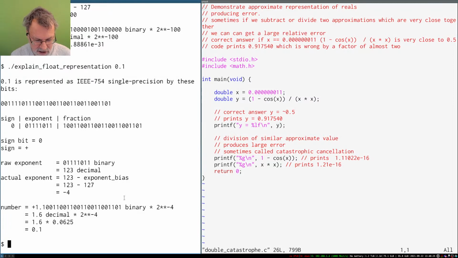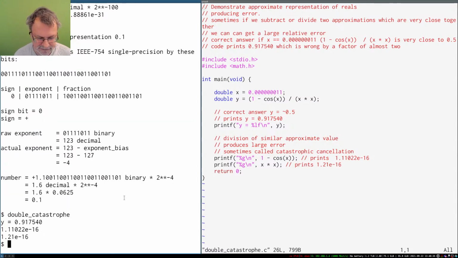So let's try it out and see how wrong the answer is. Oh no, I've compiled it already. It's called double catastrophe. The answer y is supposed to be very close to 0.5.